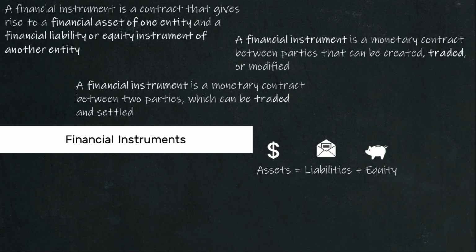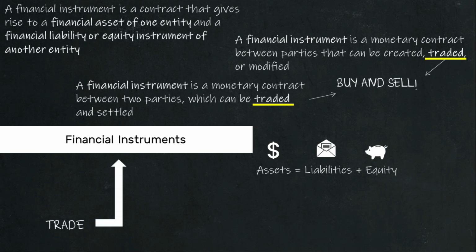But perhaps one of the most exciting things about the definition given is the word trade, or traded. Can you guess what trading means in finance? Buy and sell. In finance, we don't just say buy and sell financial instruments. Rather, we say trade financial instruments.